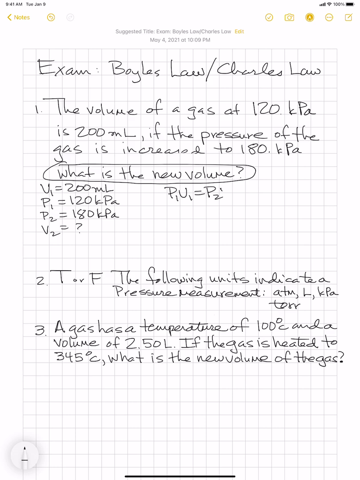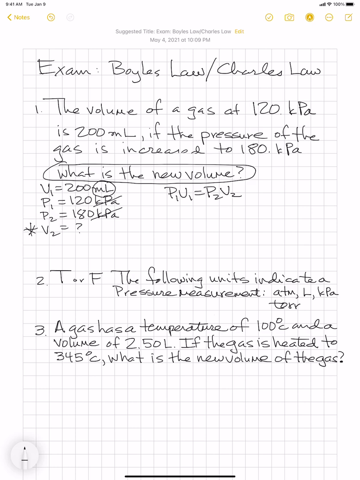How do I know it's Boyle's Law? Because there's no temperature in here. Temperature would mean that you'd be using Charles' Law. So we've got P1 V1 is equal to P2 V2. Taking a look at this, you can see that the kilopascals are going to cancel out, and the only unit we're going to have left is milliliters, which is good because that's what we want for our answer.